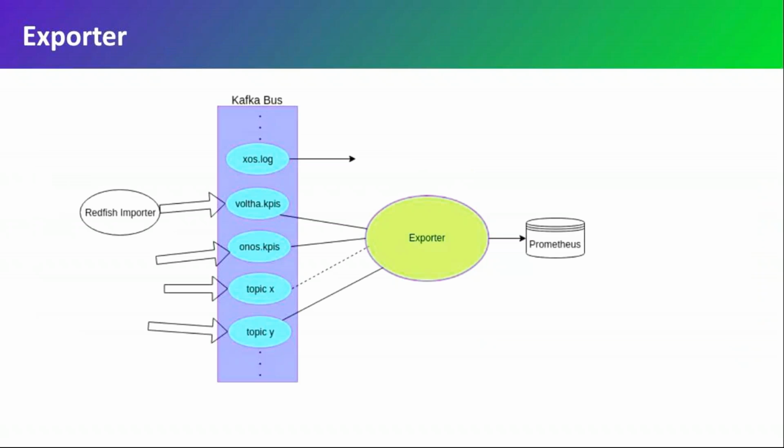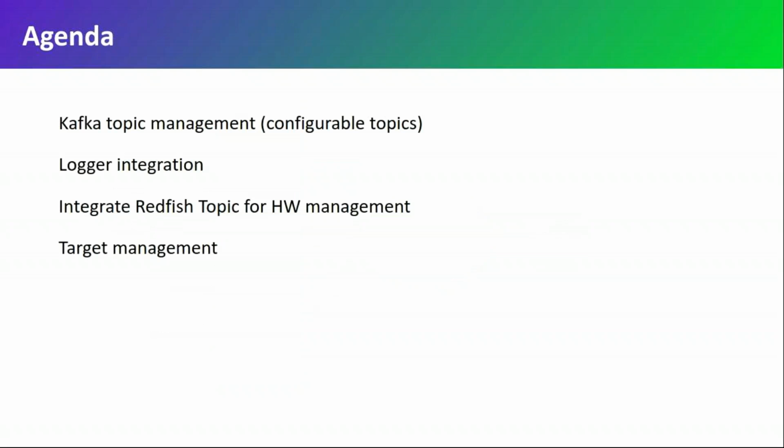So the current exporter right now deals with only two topics, olta.kpis and onos.kpis. So the third topic we need right now is the importer data to read from and pass on to Prometheus. So that is the requirement, point number 3 here.